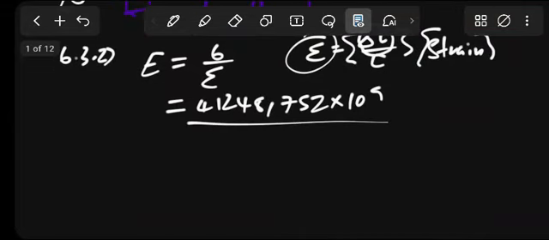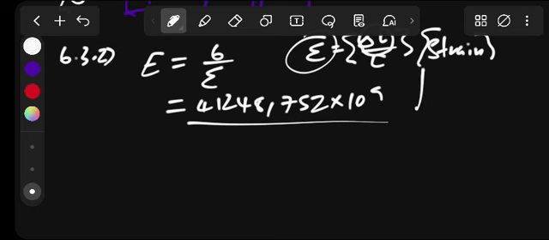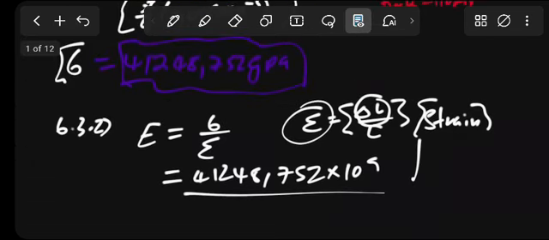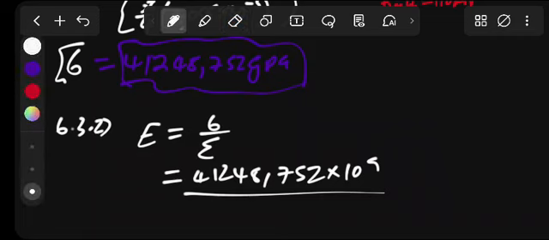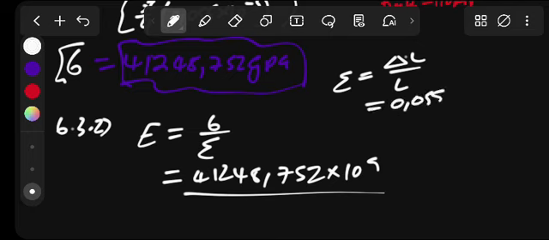Remember, the strain is a change in length, or let me just do it here on the side so that you'll understand. We know that strain is equal to change in length over original length, then that is 0.055 divided by 60. This is in millimeter, also this is in millimeter, so even if you don't change those units, those SI units will cancel.